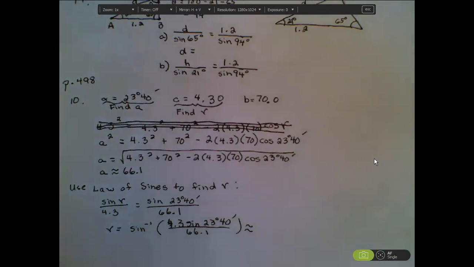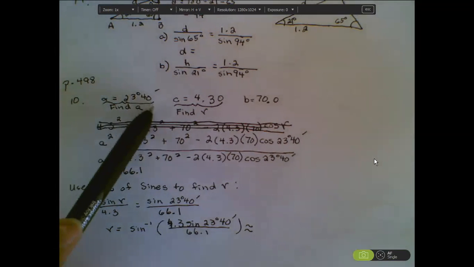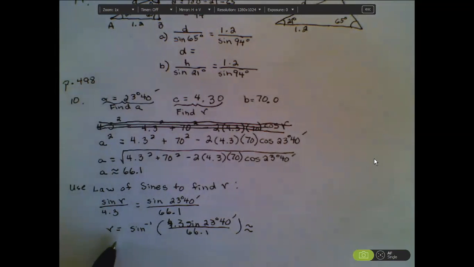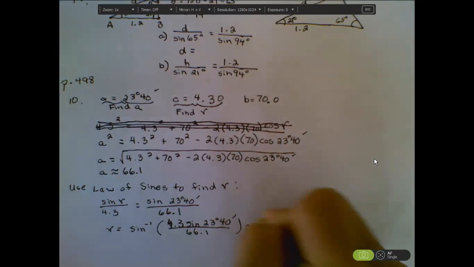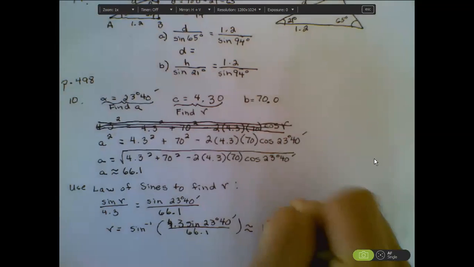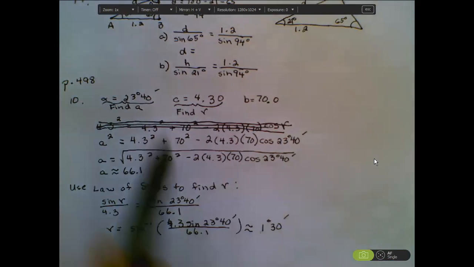And if alpha was given to me to the nearest 10 minutes, then I'm going to express gamma to the nearest 10 minutes. To the nearest 10 minutes, I got gamma is 1 degree 30 minutes. A tiny little angle because that's a tiny little side.